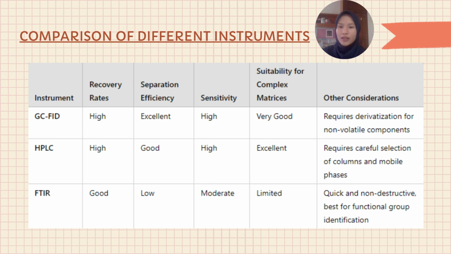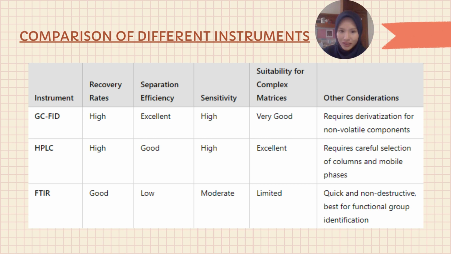The next one is HPLC. HPLC stands for high performance liquid chromatography. The recovery rate is high, but it can vary depending on the nature of the stationary phase and mobile phase. The separation efficiency is good, though not as high as GC for volatile components.